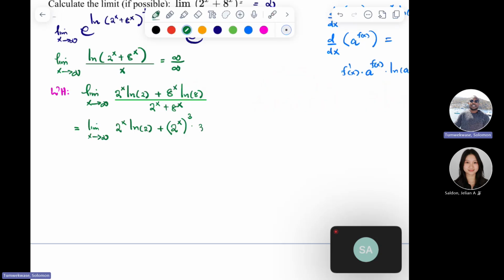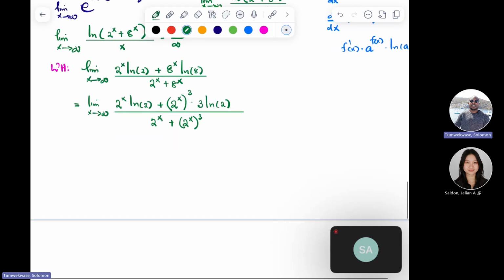So I'm writing this as 3 natural log of 2, then divide by 2 to the x plus 2 to the x, and the whole of it to the power 3. Okay. Now I'm trying to pull out some things that are common so that maybe some things can cancel.